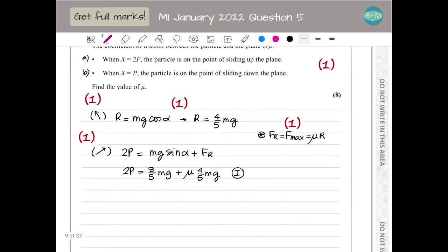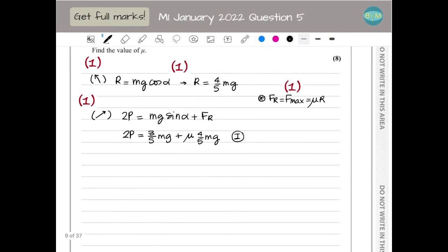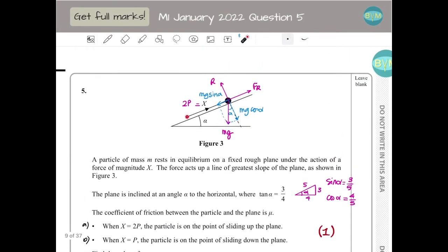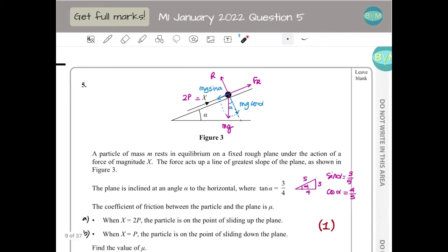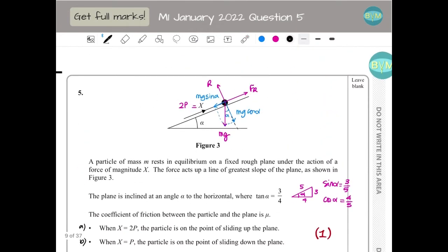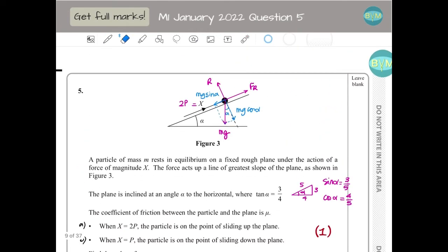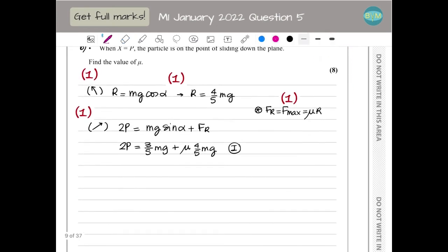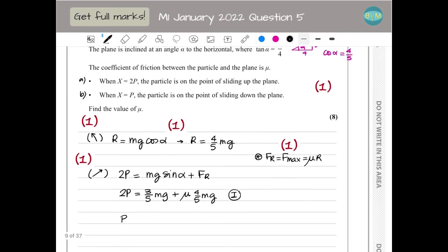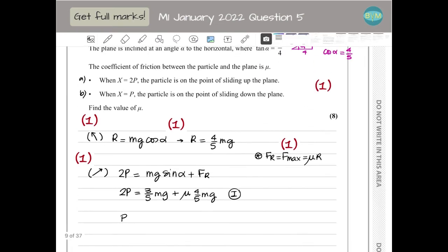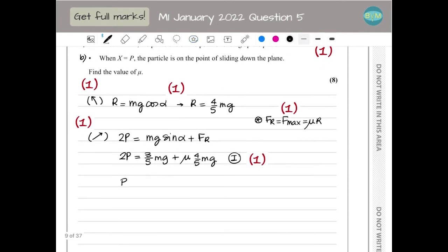So if I resolve again parallel to the slope, in the second situation I have force pointing up plus friction is the same as the force pointing down. So in this case, this is P instead of 2P, and you have 1 mark for writing this equation correctly.